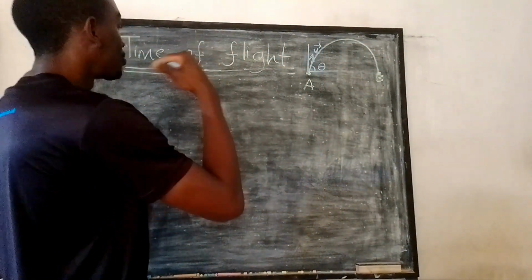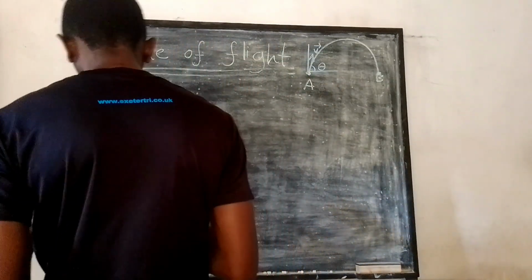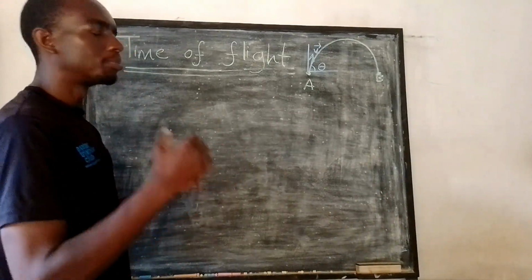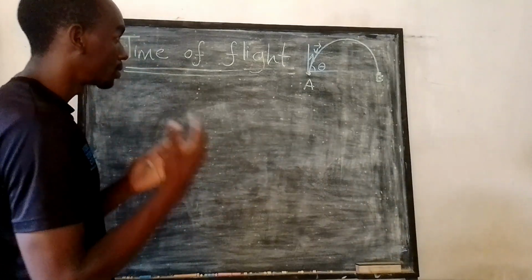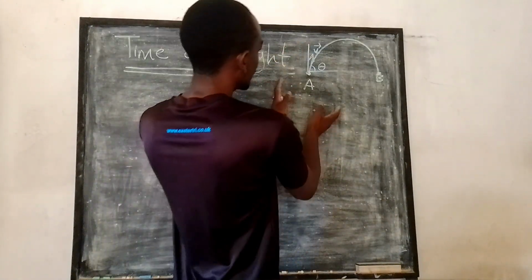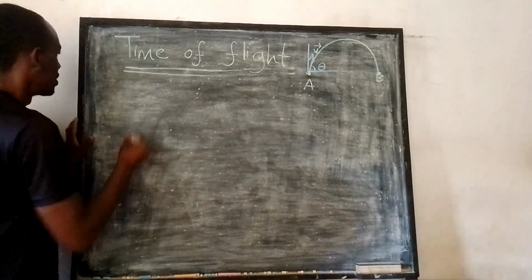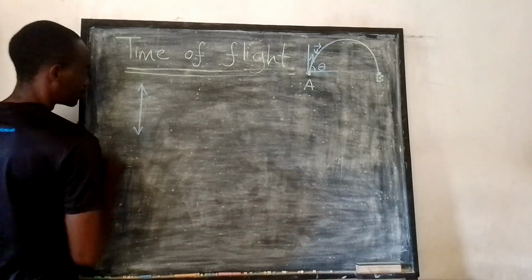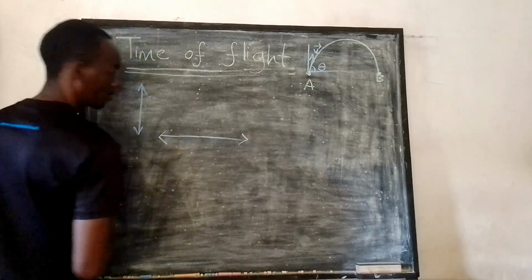Now, the first thing that is to be drilled into your mind every time you want to calculate anything related to projectile motion is this: projectile motion is broken down into component parts. The way we deal with projectile motion calculations is by decomposing the motion into two components. That is the vertical aspect of the motion and the horizontal aspect of the motion.